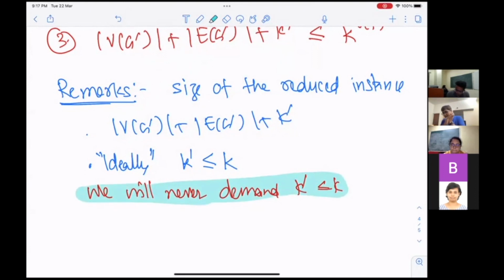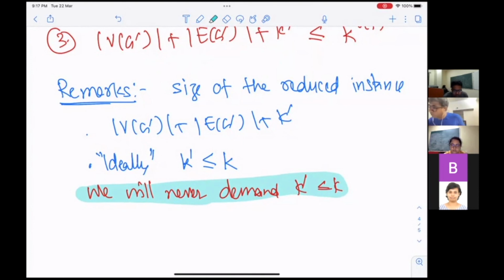In everything, what is our goal? We were looking to find a vertex cover of some size. We have been able to identify some vertices in our solution. We delete them. So in the reduced instance, we are trying to find a vertex cover of smaller size, or equal size. That is my motivation.